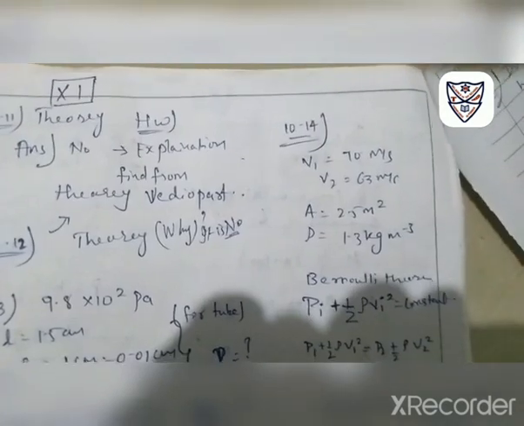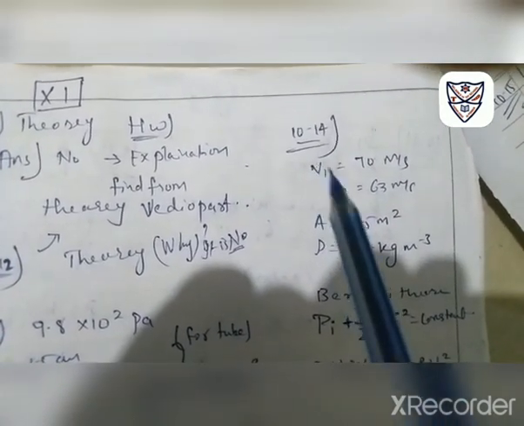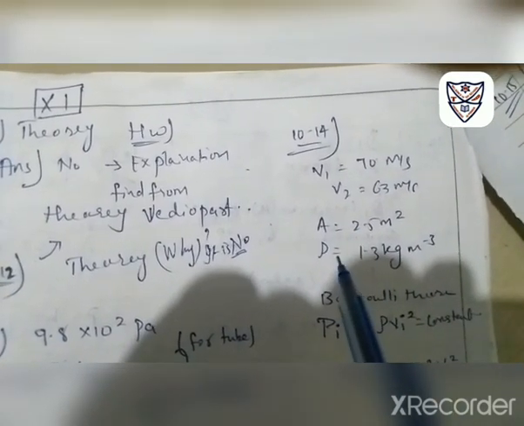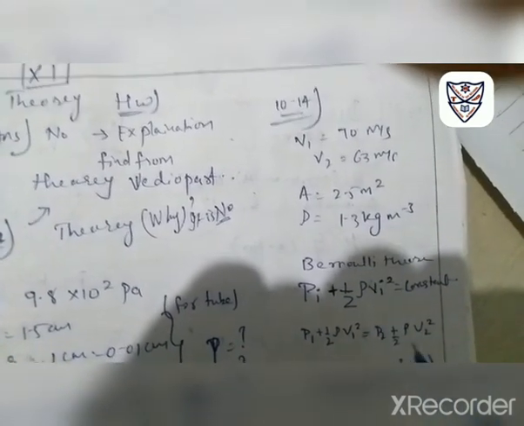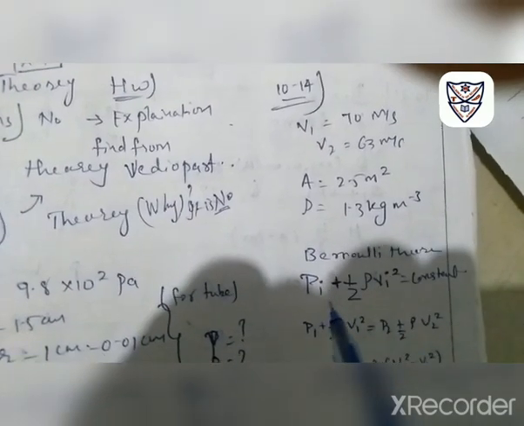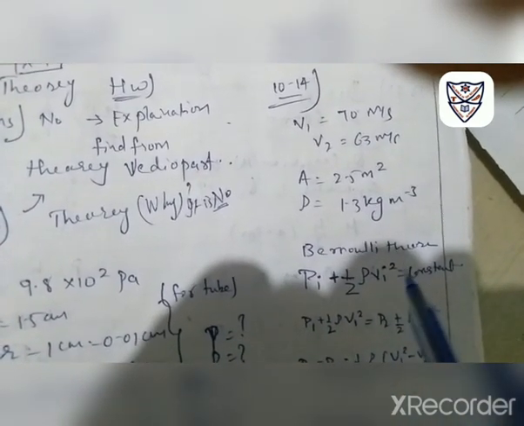Now I want you to read and understand the question carefully. In the given problem they have given V1 and V2, and area and density are also given. According to the given condition you can use Bernoulli's theorem, that is P plus half rho V square is equal to constant.